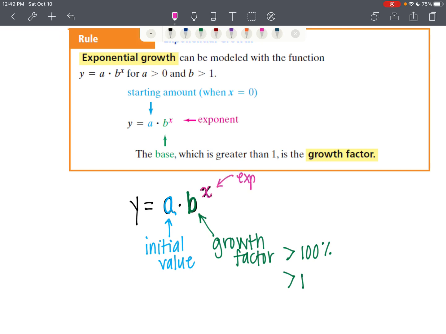That's our input. So depending on what we're talking about, if we're talking about time in days, then it would be the number of days. If we're talking about time in months, years, hours, seconds, it all depends on what it is that you're growing. Bacteria can grow very, very quickly, whereas money might not grow as quickly. It might take months or years for money to grow.